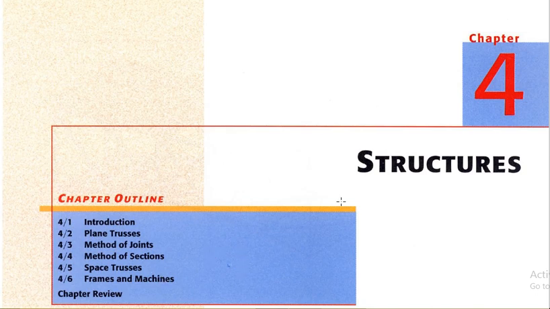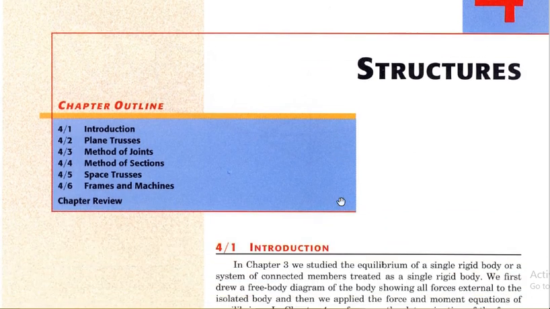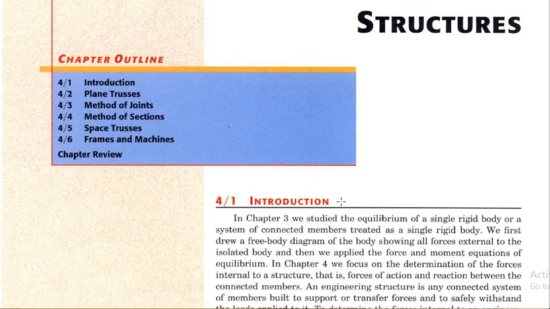So before going for the chapter, what is a structure? A structure is a thing constructed by joining different parts together so that a single entity can be formed. Structures have many types like trusses, frames, machines and many other parts as well.